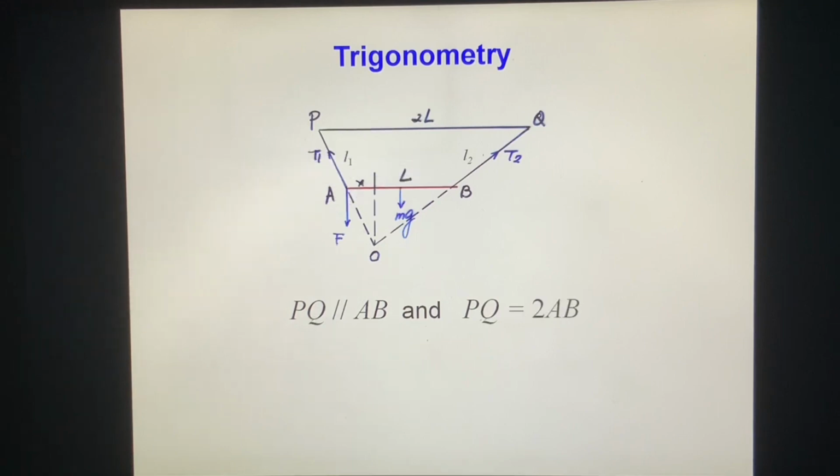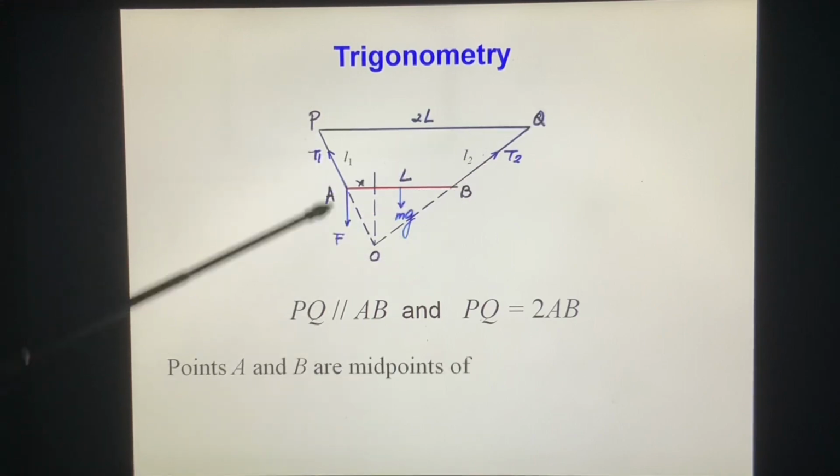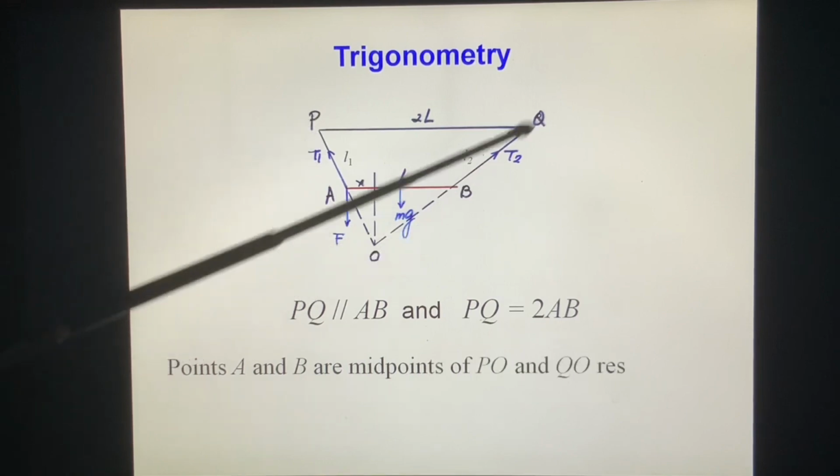PQ is 2L, AB is L. So we find in this big triangle, A and B should be the midpoints of these lines. So points A and B are midpoints of PO and QO.